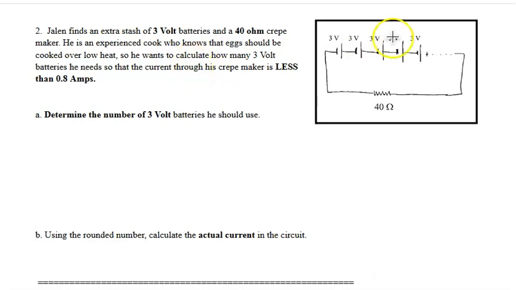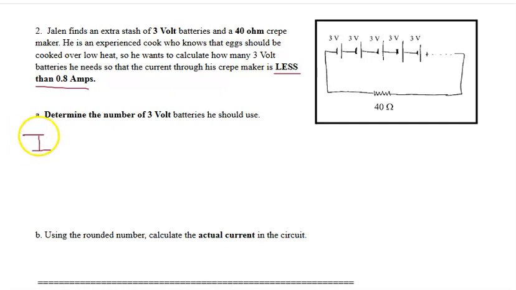Then Jalen finds a whole bunch more 3-volt batteries and a 40 ohm crepe maker. But he doesn't want to burn the crepes. He knows the crepe maker is supposed to have 0.8 of an amp, but he wants to undershoot this time because he doesn't want to burn the crepes.